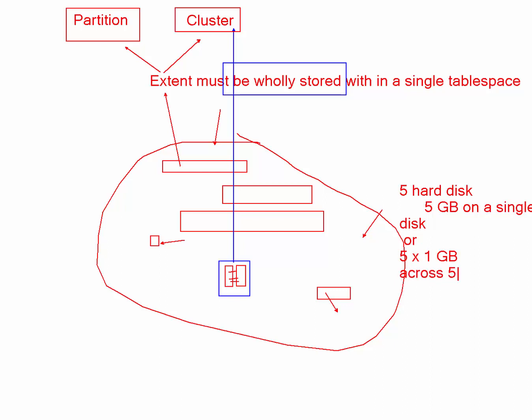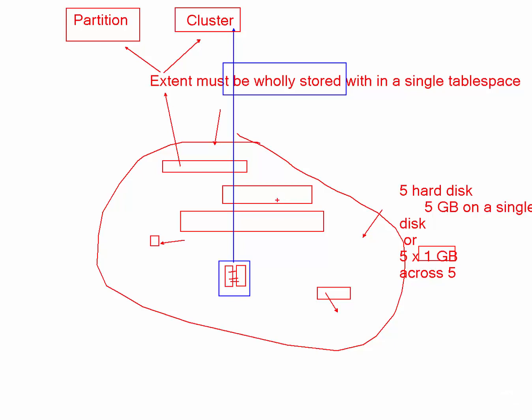I think everyone with common knowledge about these disks would say, hey, it makes more sense to spread it across 5 physical disks, so at least each section is only 1 GB in size. So if I'm searching for something and I know it's within that partition, I don't have to look through many records. So partition allows you to take one segment.